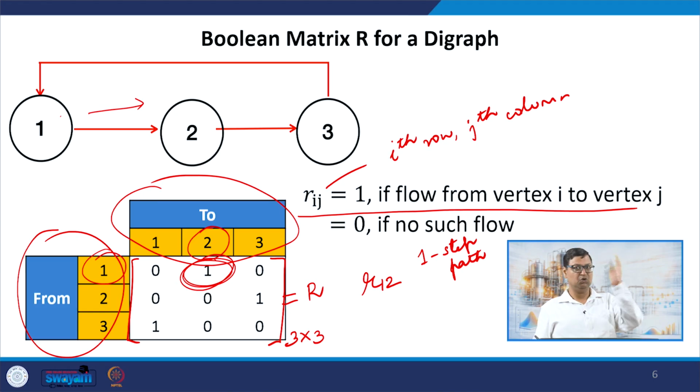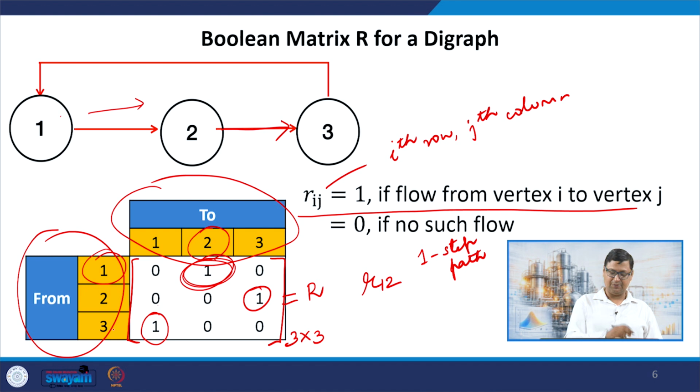I can get there in 2 steps, and I will come to how we can get that as well from graph theory, but we are looking only at the 1 step path. So, the 1 step path or direct edge is only from 1 to 2, and for 2 similarly there is an edge from 2 to 3. So, I put a 1 there, and from 2 to 1 and 2 to 2 there is no edge, and finally from 3 there is an edge to 1. So, I put a 1 there, and now I form a 3 by 3 matrix.